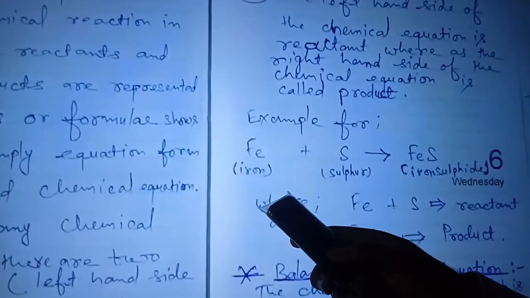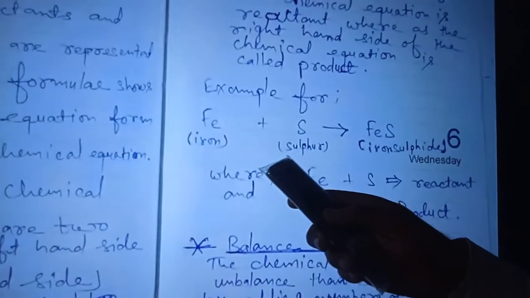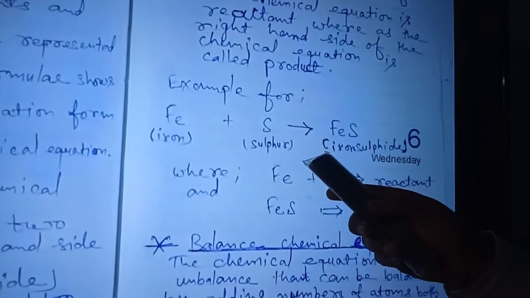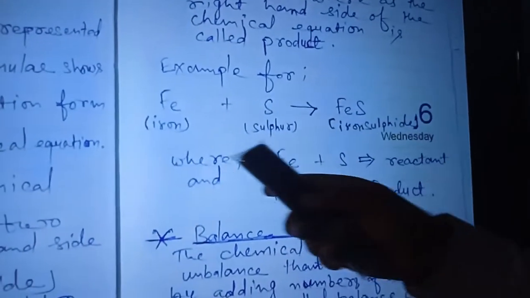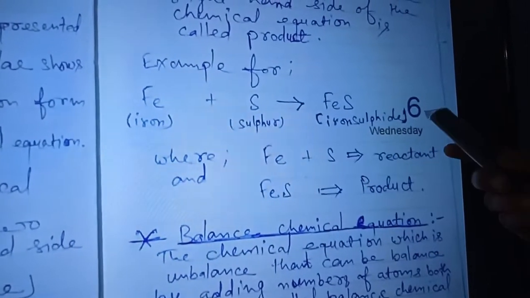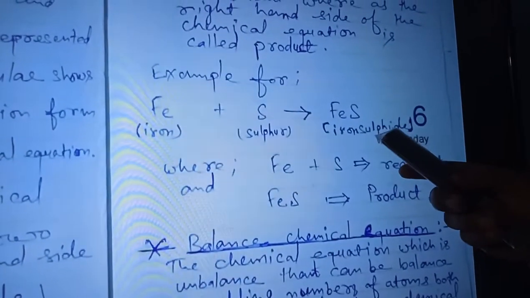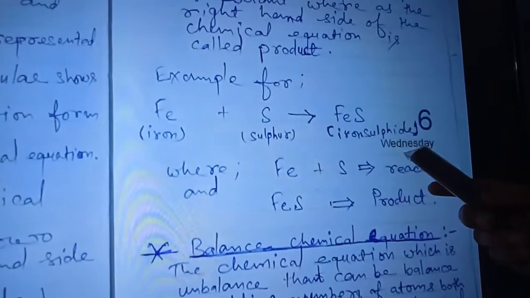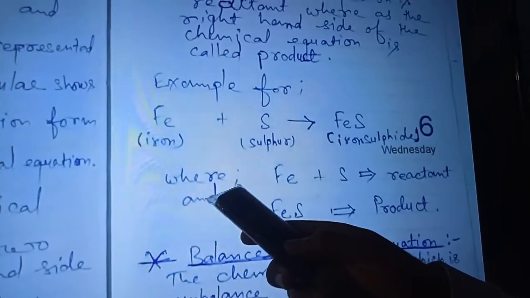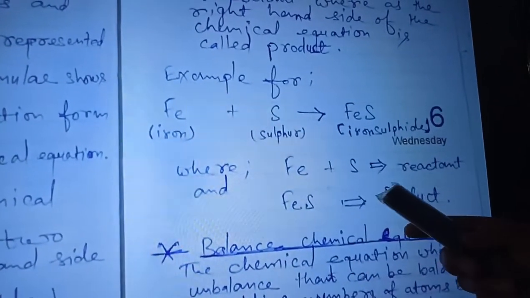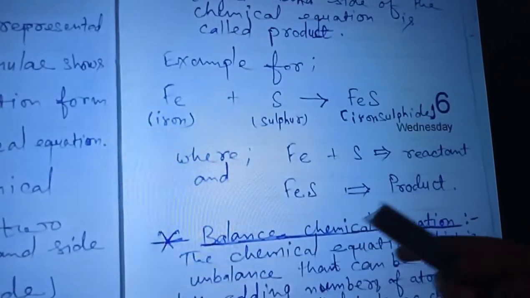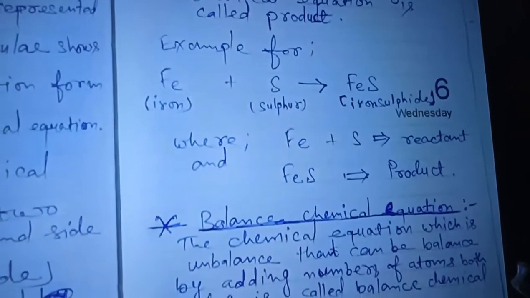Example: Fe, iron, plus S, sulfur, arrow. This is the reactant side, and after the arrow, FeS, iron sulfide, represents the product side. Here it is clear that Fe plus S represents the reactants and FeS is the product.